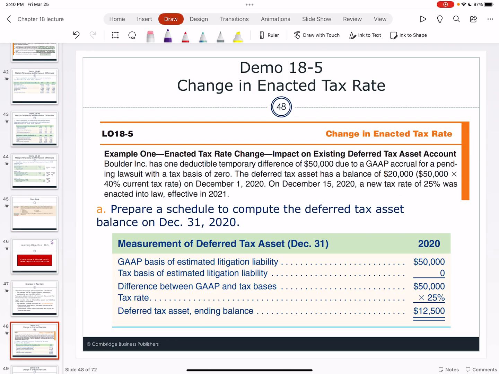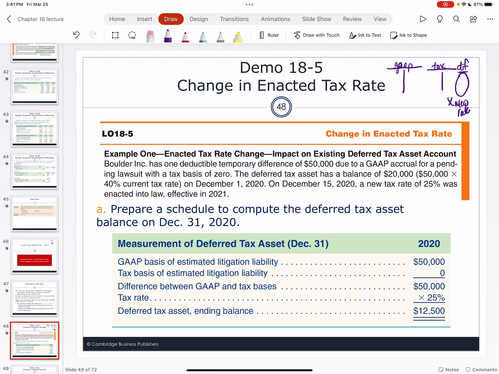So, for example, we've been talking about the fact that when you try to determine your DTAs and DTLs, I've been asking you to draw out the two T accounts, one with your GAAP books and one with your tax books of the item, whether it's an accrual, equipment, etc., and calculate the difference. And you do that every year. So when you've got a change in tax rate, it is as simple as taking that difference and just multiplying it by the new rate. Right? And then it helps you build your entry from there.